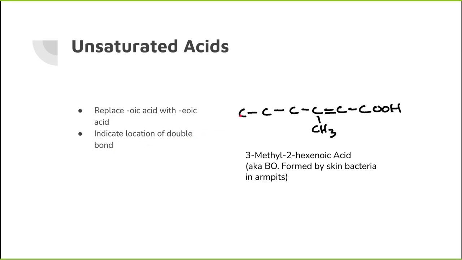So here we've got 1, 2, 3, 4, 5, 6 in the main chain. And we got a methyl group hanging off here. So we start numbering here again, 1, 2, 3. So that's 3 methyl. And then the first carbon in the double bond is the second one. So that's 2. And then because we've got 6, it becomes hexanoic acid.